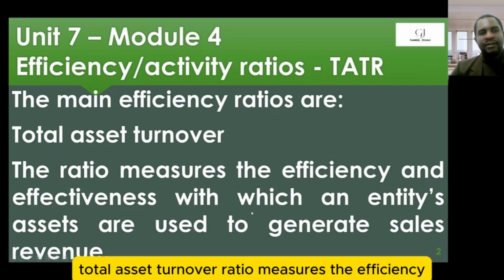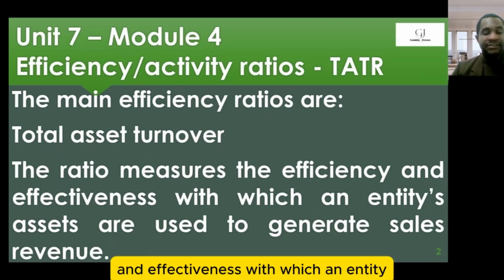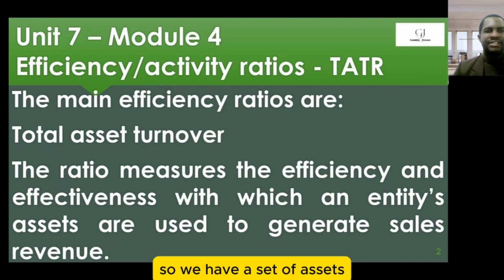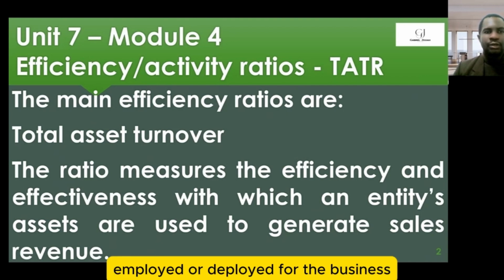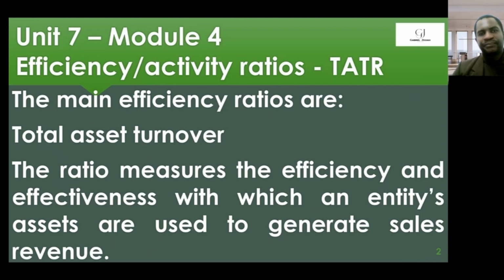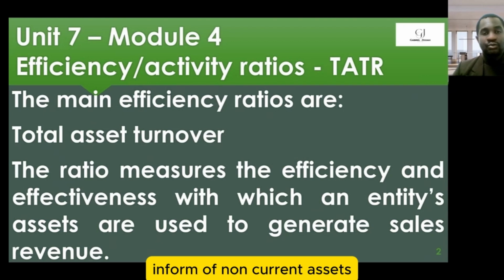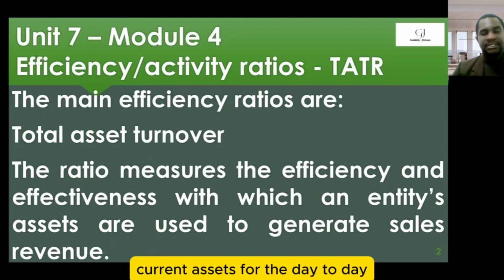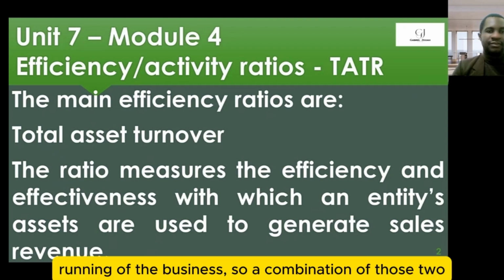Total asset turnover ratio measures the efficiency and effectiveness with which an entity's assets are used to generate sales revenue. So we have a set of assets deployed for the business in the form of non-current assets, which are our traditional fixed assets, and we also have current assets for the day-to-day running of the business.